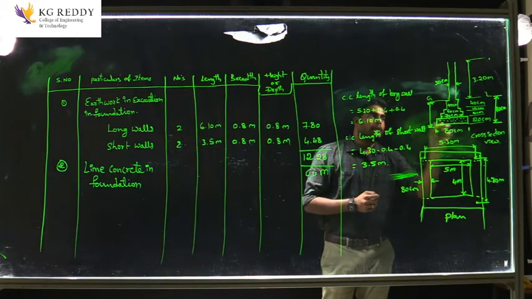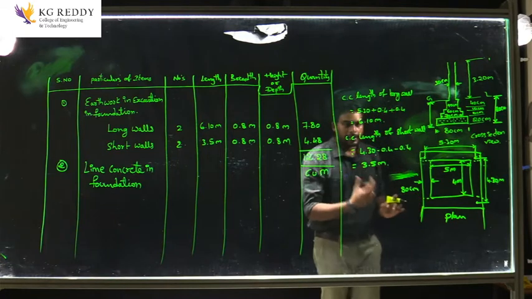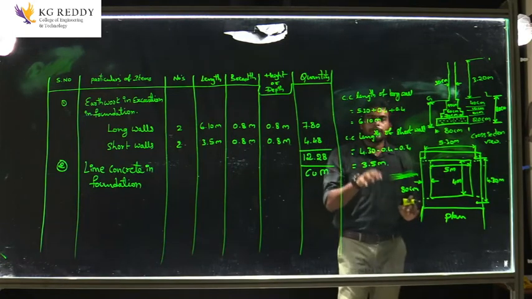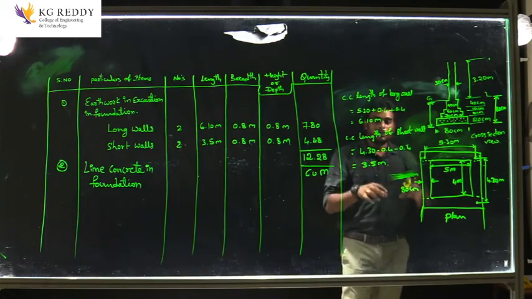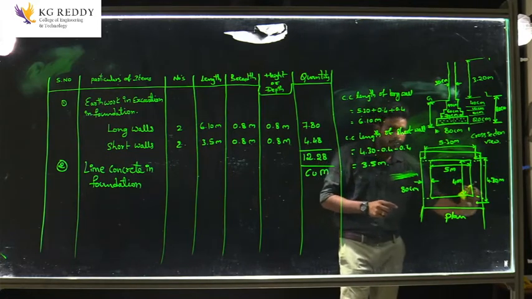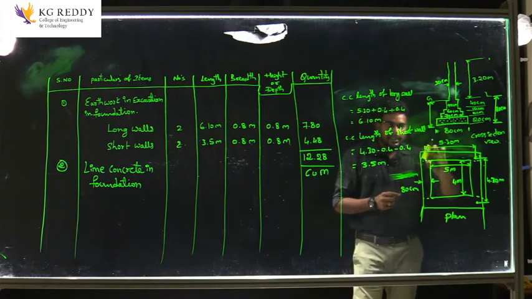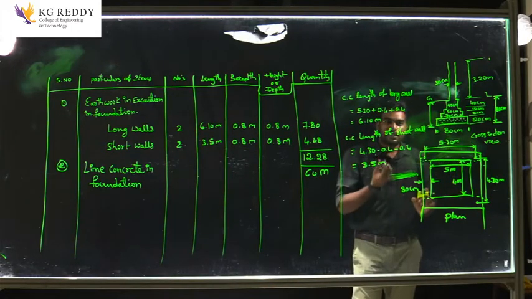This dotted block is the lime concrete in foundation. After the completion of excavation, if we observe from the top view, we will see the structure like this. In the same width, we are going to construct the lime concrete.